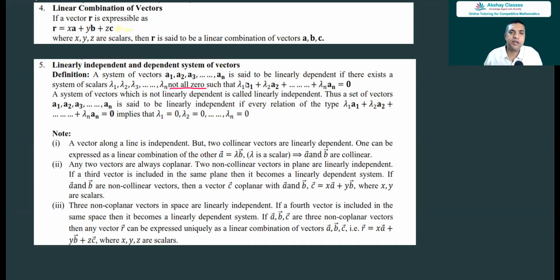That means they are called dependent. Dependent means one of them can be expressed in terms of the others.